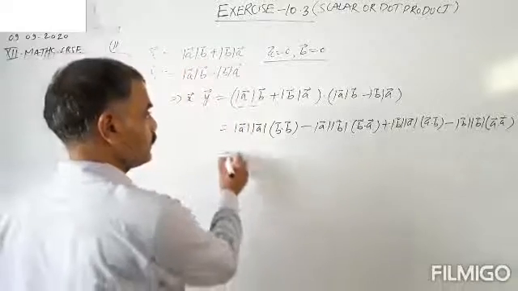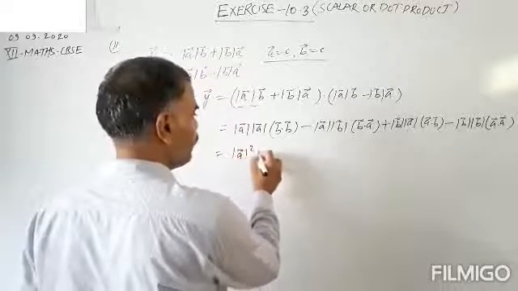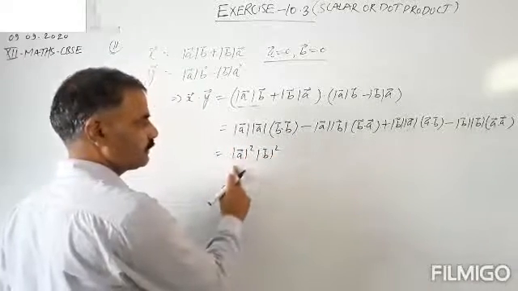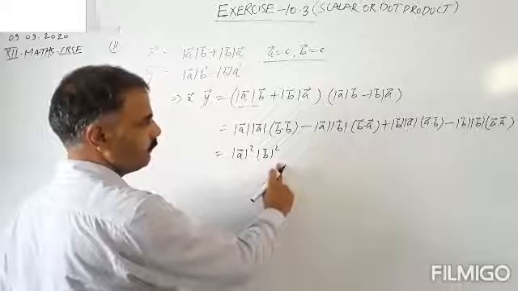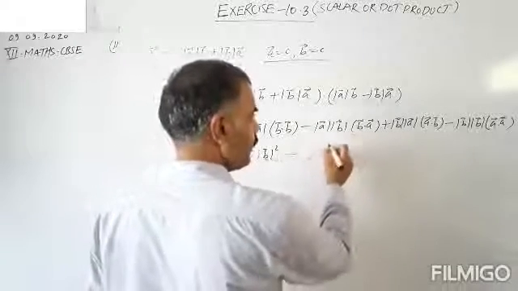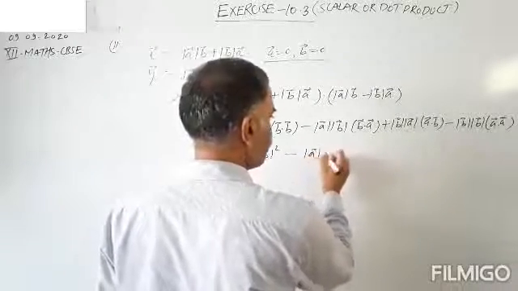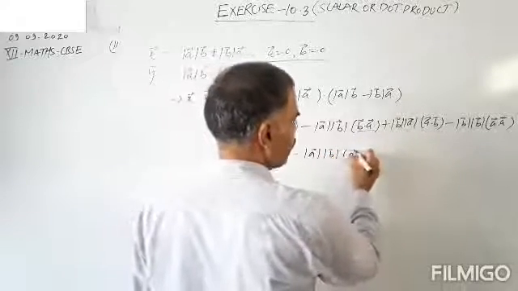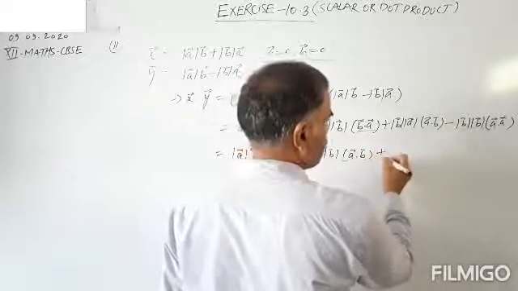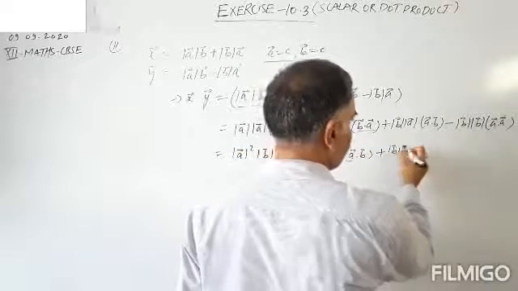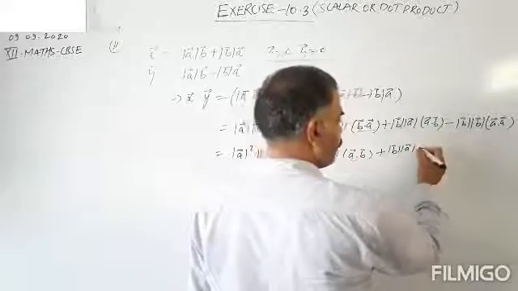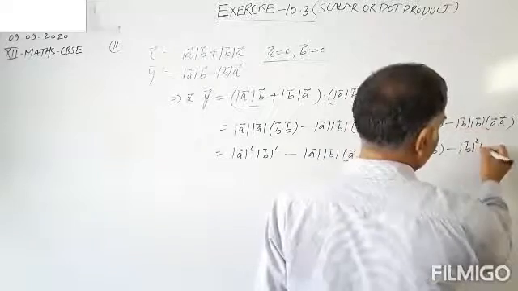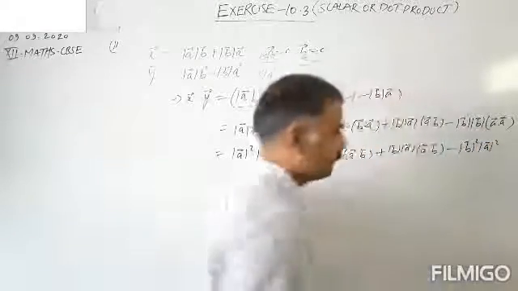In solving, magnitude a vector square, magnitude b vector square, can be written down as a vector dot b vector plus magnitude b vector, magnitude a vector, a vector dot b vector, minus magnitude b vector square, magnitude a vector square.